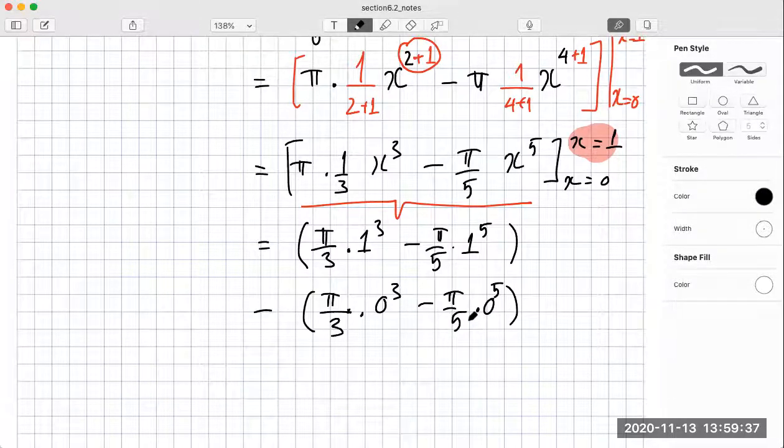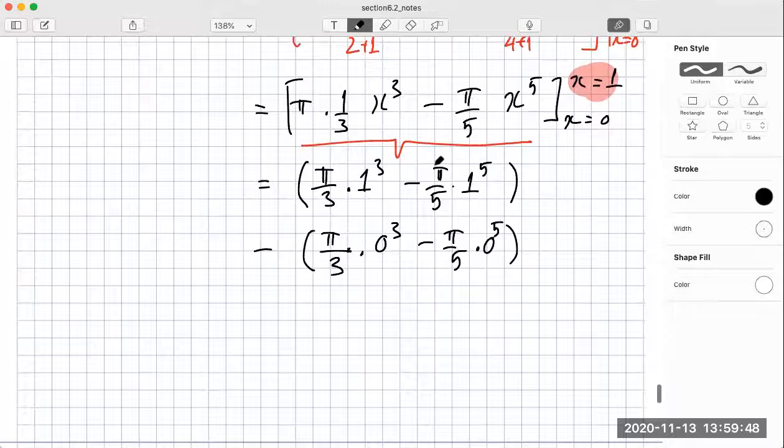Then now they are just numbers. 0 cubed times anything will be 0. This guy is also 0. It's easy. So here, pi is a common factor, so we can factor it out. If we factor pi out, inside will be 1/3 minus 1/5 here, right?